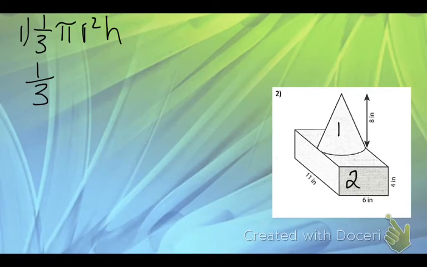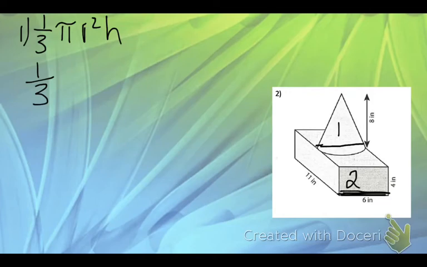If we're looking here, if you notice, there isn't actually a radius attached to the cone, okay? But we see that the cone goes across the entire prism that we have. So we need to look at what the diameter is. And if we look down here, this is across the length of the prism.